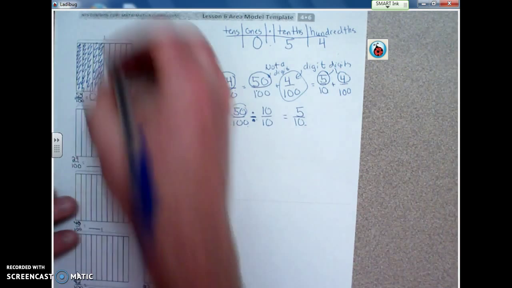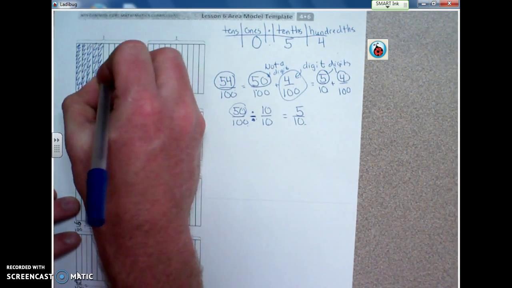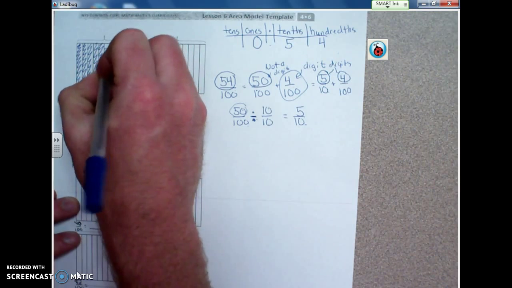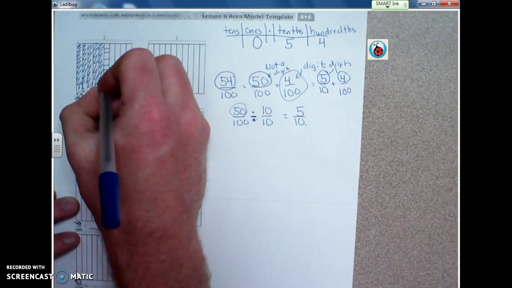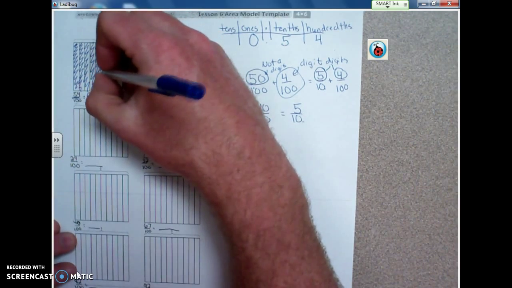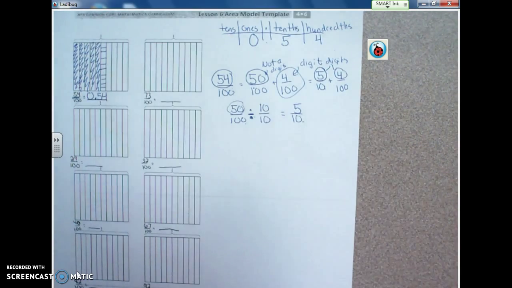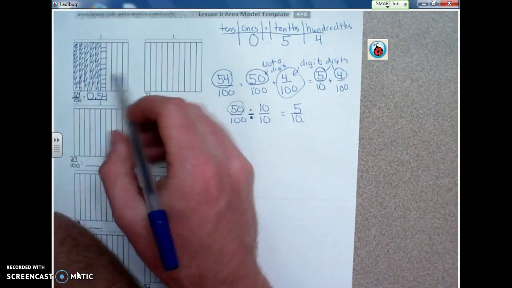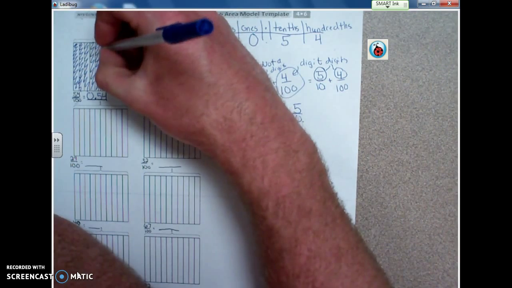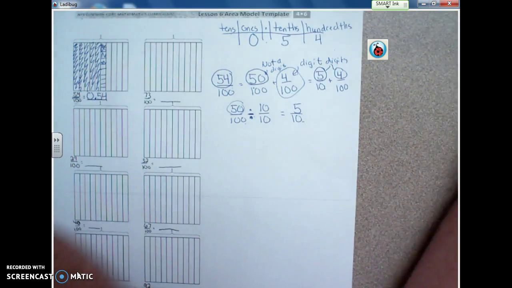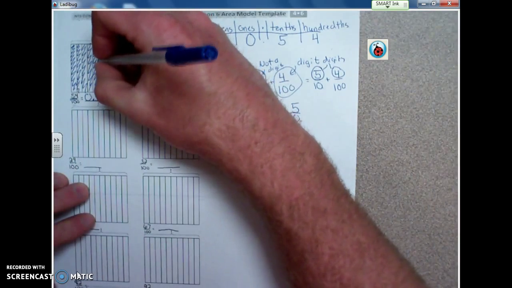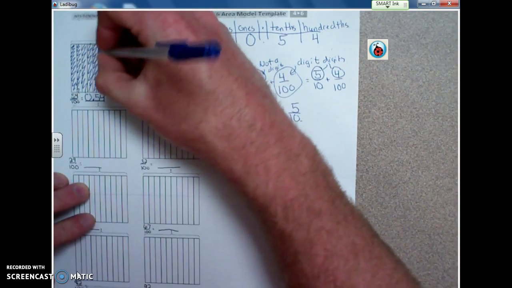So I'm going to split this tenth into hundredths. I have 1, 2, 3, 4, 5, 6, 7, 8, 9, 10 pieces. If I do 10 pieces in each column, that gives me my hundredths. Now I can shade in 4 of those pieces. So I have 54 hundredths shaded in now.